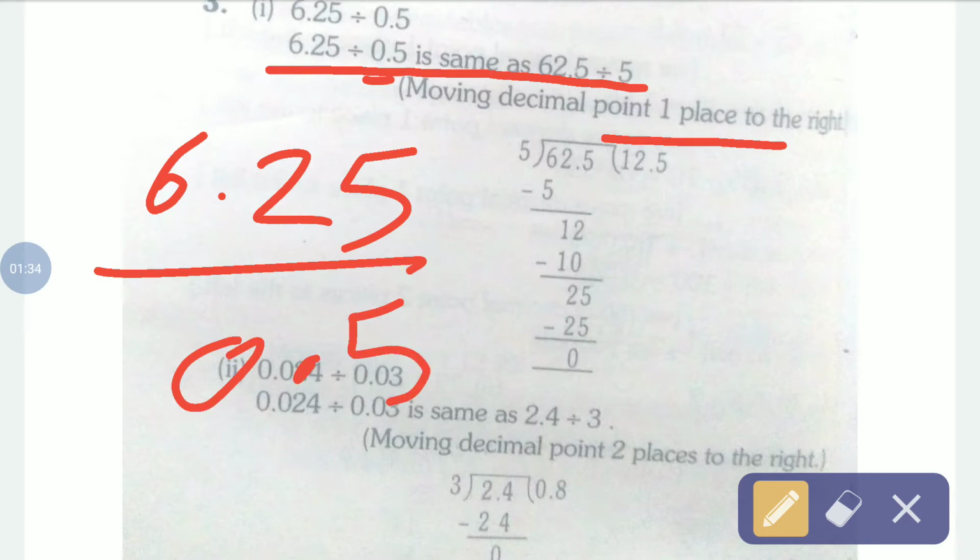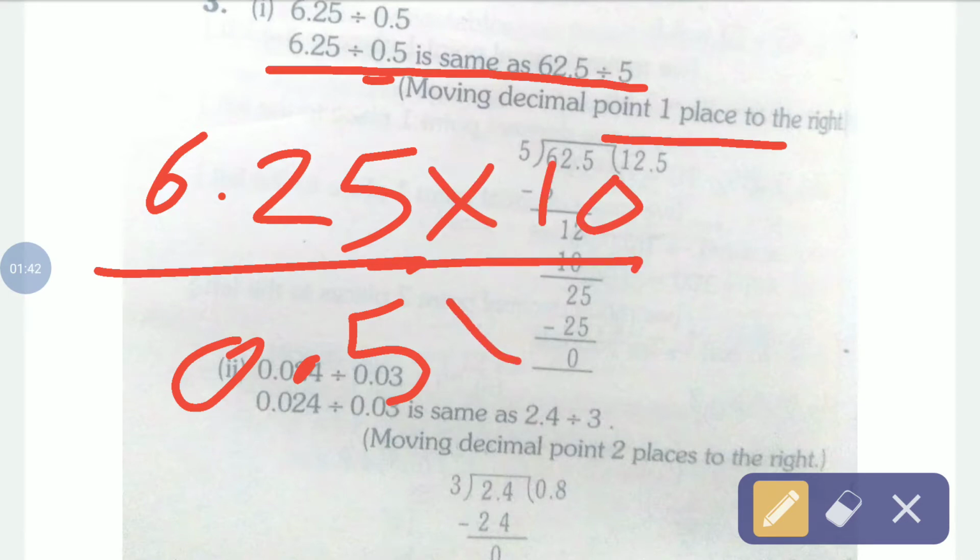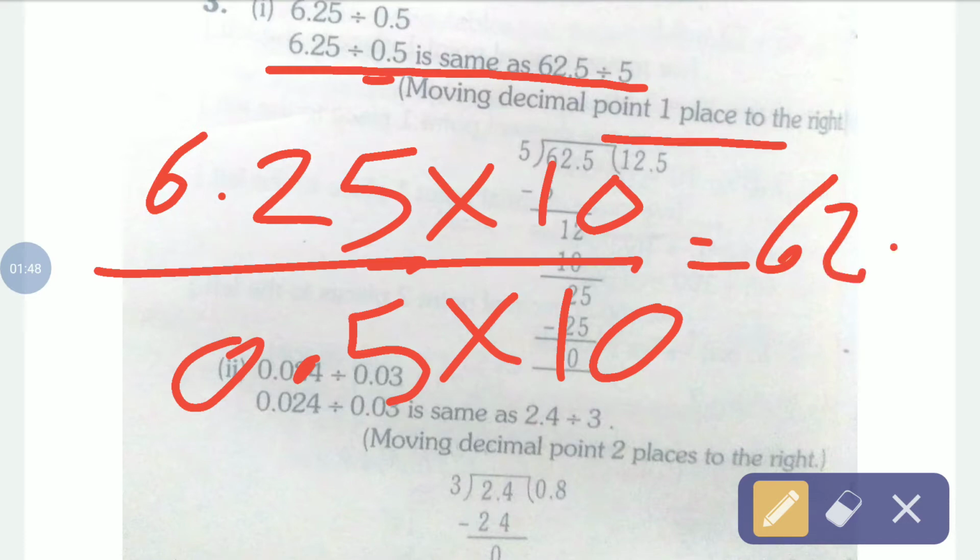As we have learned in fractions, if we multiply the numerator, we have to multiply the denominator also. That will be 62.5 upon 5. It is one and the same thing.